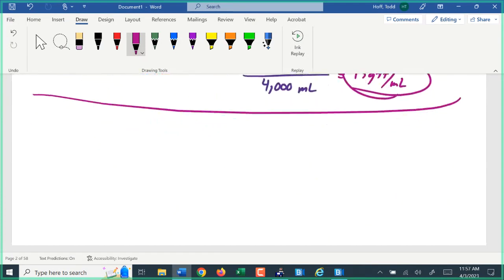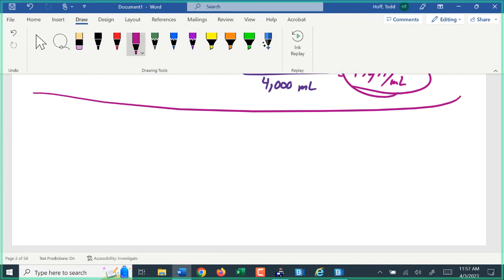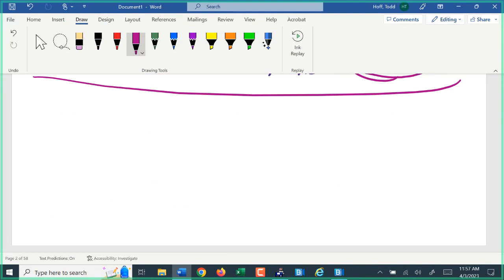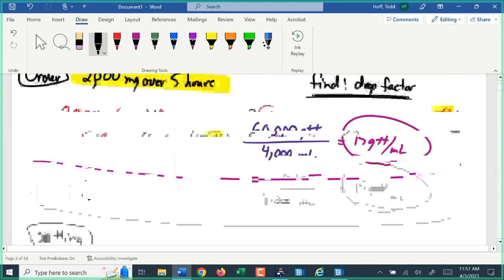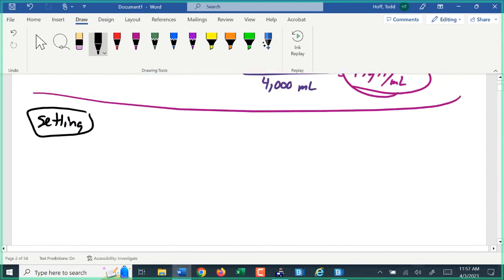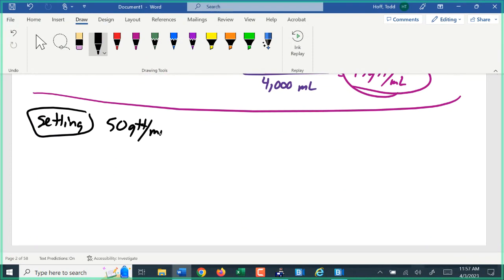Let's have you guys try one there. We're going to give this a setting of, let's let this one be set at 50 drops per minute.